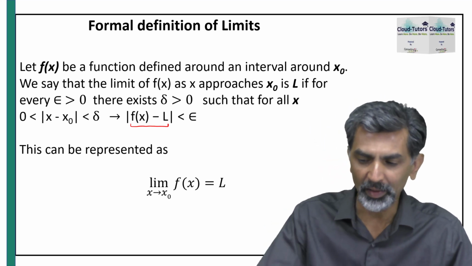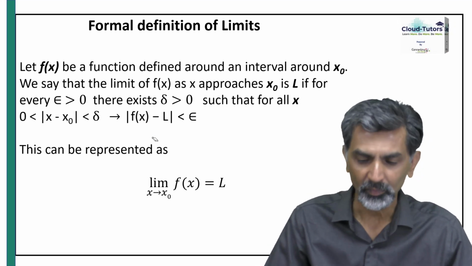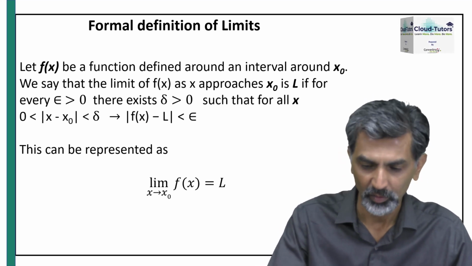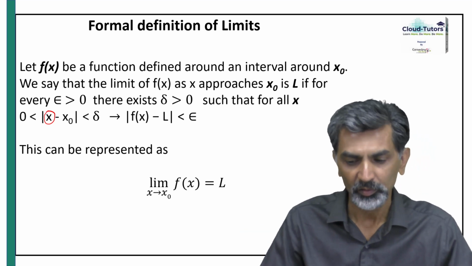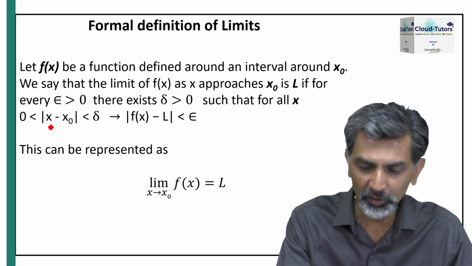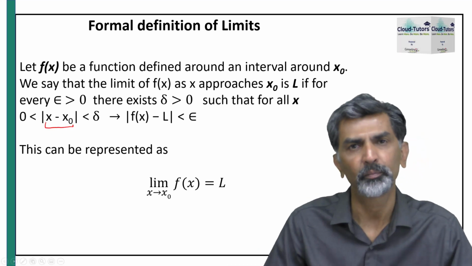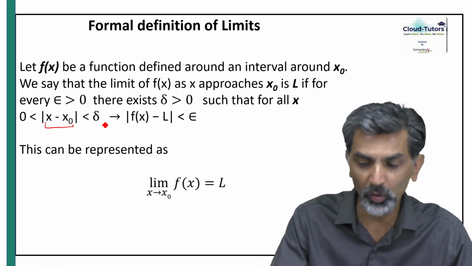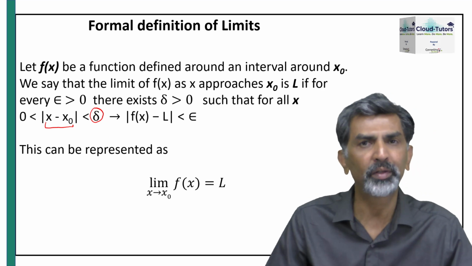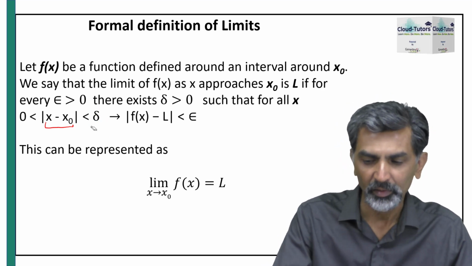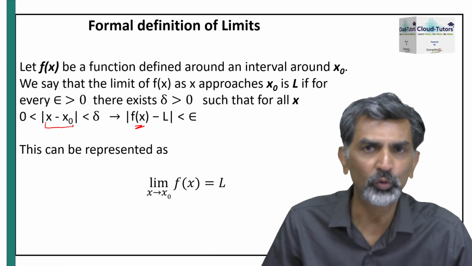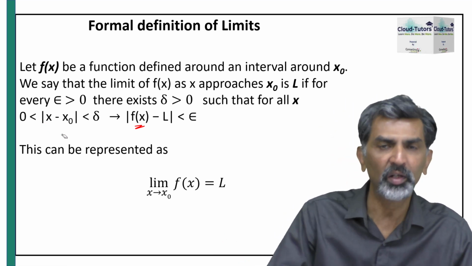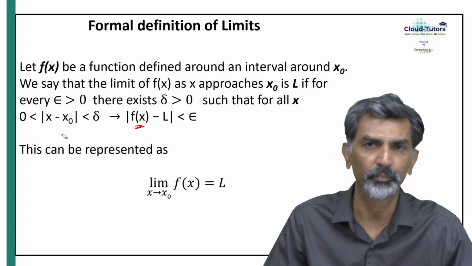If I want to do that, then there exists x such that the difference between x and x naught is smaller than the positive value delta, such that the function f of x is sufficiently close to L. There will exist such an x.